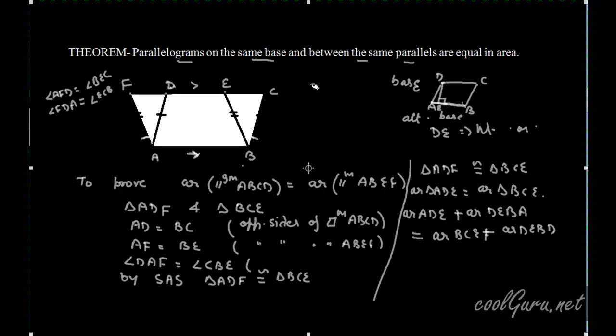Now by the addition axiom we can add a similar quantity to both the sides. So now area ADF plus area of DEBA, that is FABE, so the left hand side is now area of parallelogram ABEF, and the right hand side is BCE plus BEDA, and this is now ABCD.